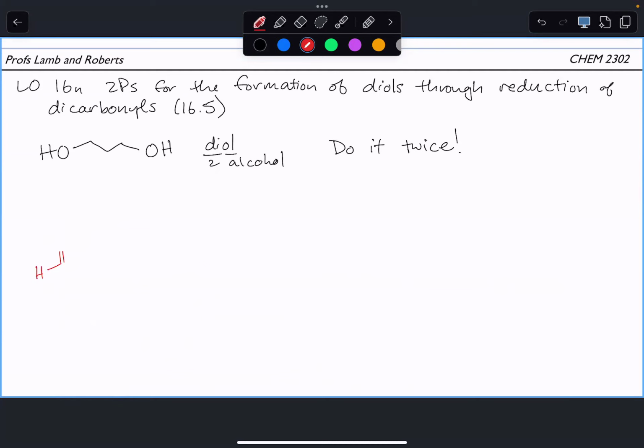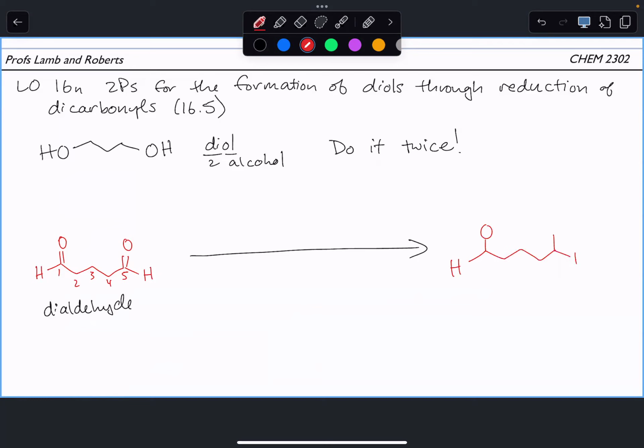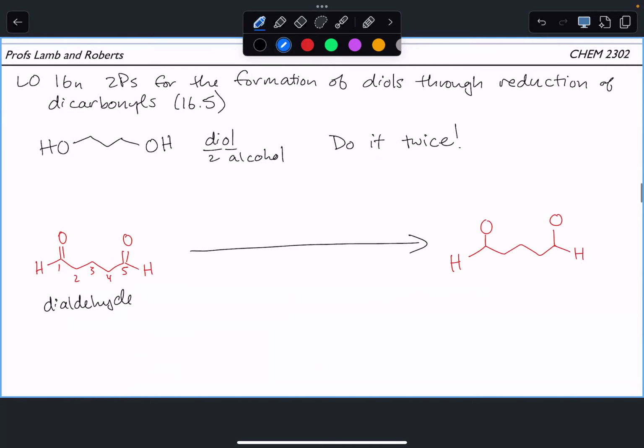If, for example, we have a dialdehyde like this, 1, 2, 3, 4, 5 carbons, this is a dialdehyde. We could reduce this to a diol by just reducing each of the carbonyls separately.